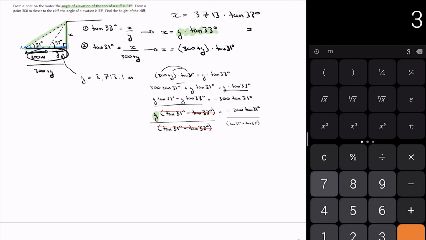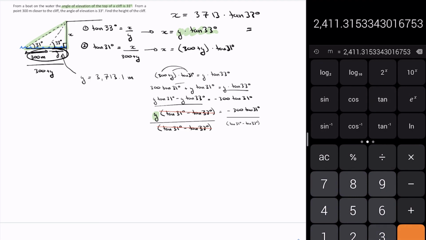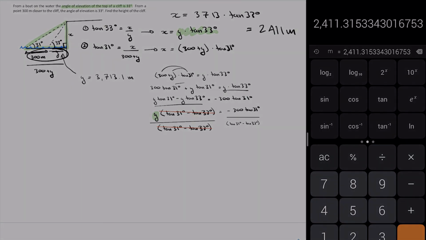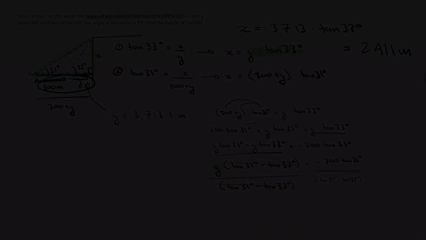So 3713, I think we had 0.1, okay, times tan 33 equals 2,411. So 2,411 meters. If you want, you can do a 0.3, but you get the idea. Okay, there's the height of our cliff, and we're good to move on.